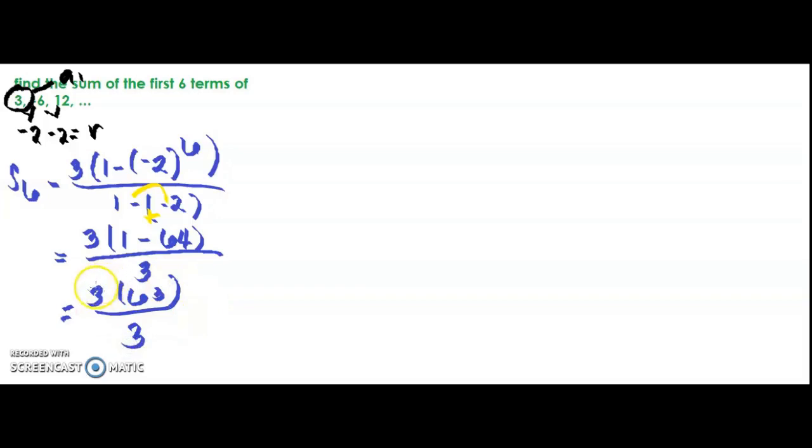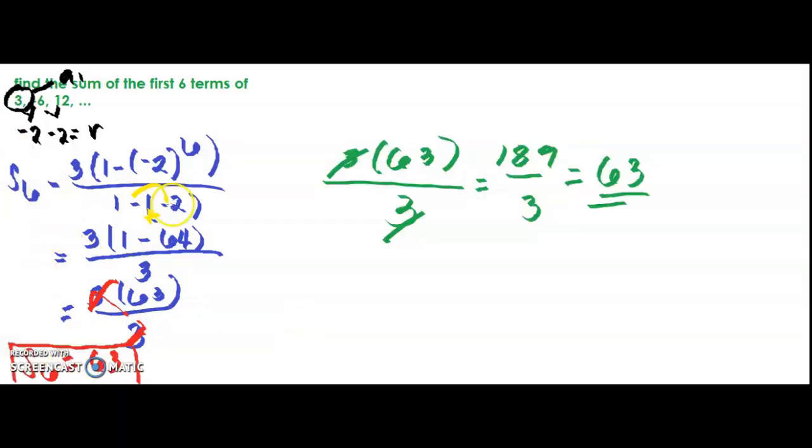Since our numerator and denominator are the same, we can just cancel it. Okay, again, correction. Let's go back to this. Since negative 64 is larger in magnitude than 1, this is negative 63. So, our answer here is negative 63.